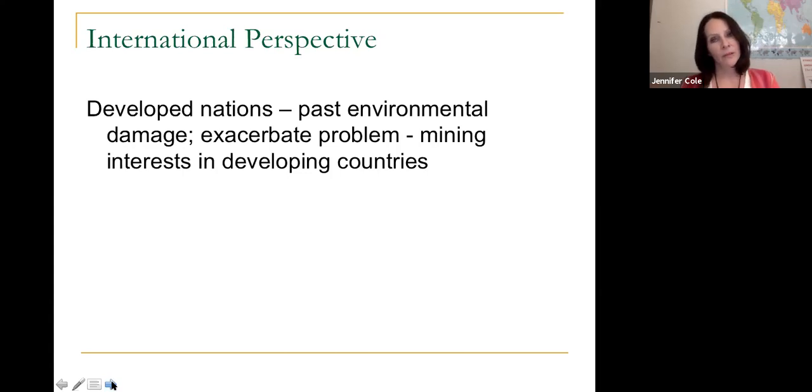They're also currently doing a lot of damage in other countries when they import raw materials into the United States, for example, and they have mining interests in other countries. No country is self-sufficient, so all countries need to get minerals and energy from elsewhere.